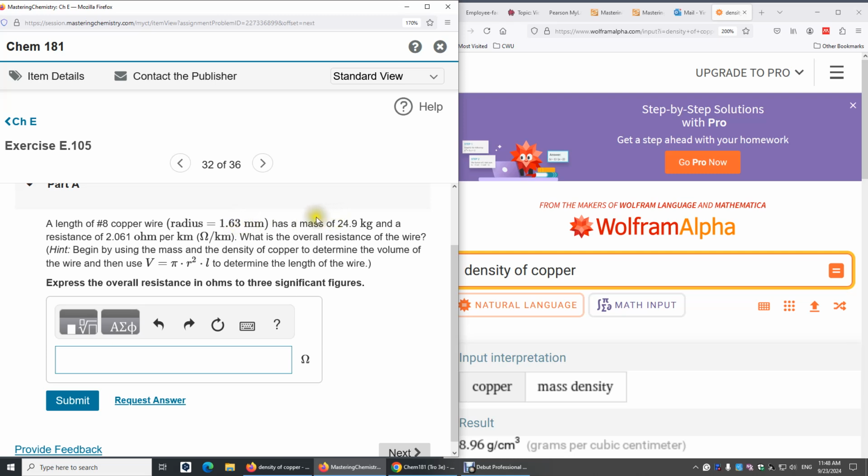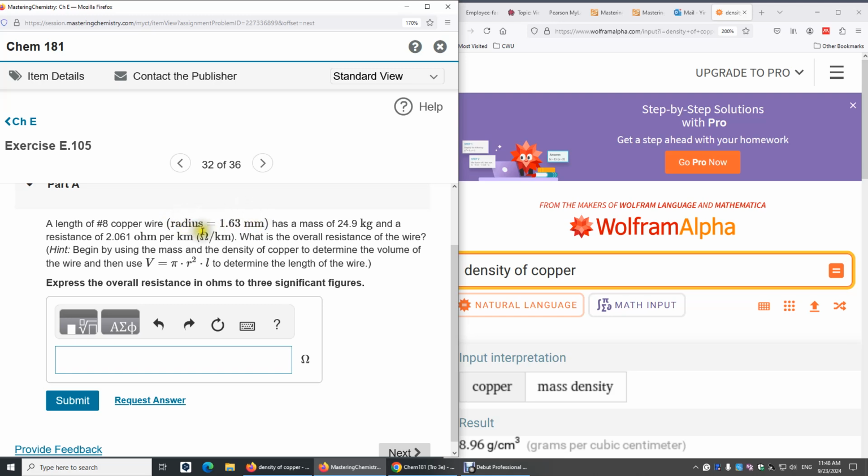Now we're going to use the mass to compute the volume of this copper wire, and then we'll assume this copper wire has a shape of a cylinder with a radius of 1.63 millimeters.